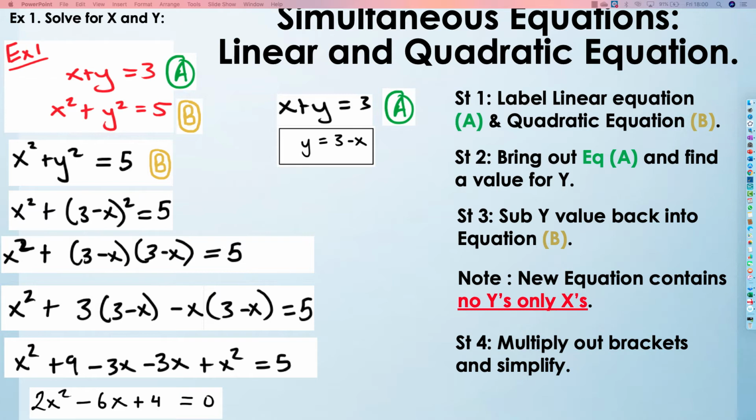Right, we'll do one of these. Have a go at the following question. 3x minus y is equal to 8, and x squared plus y squared is equal to 10.